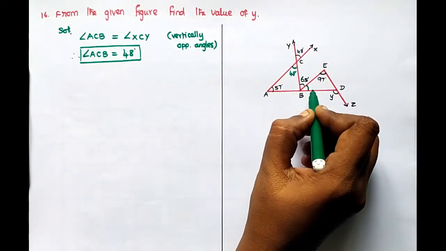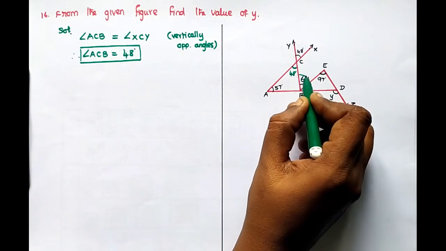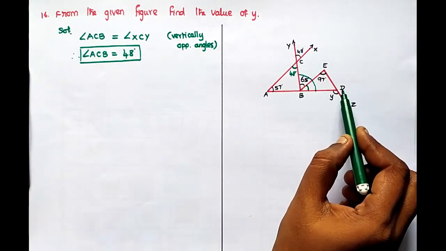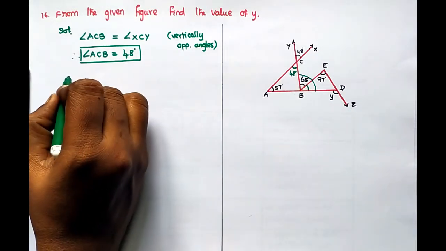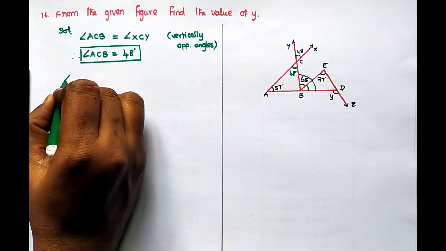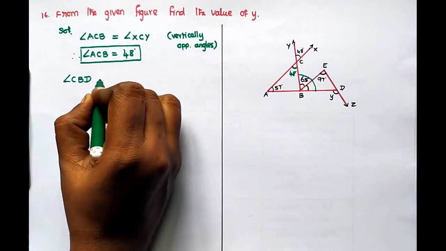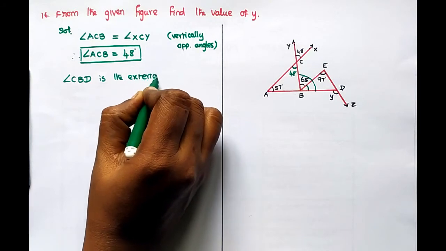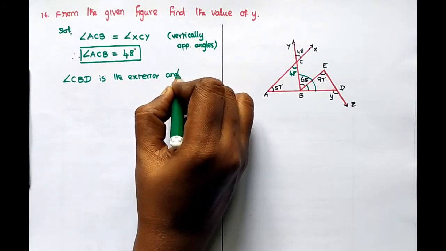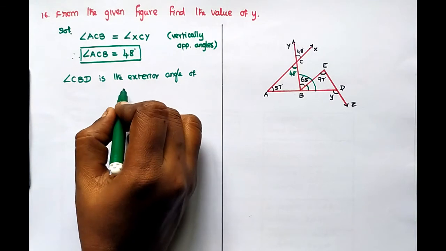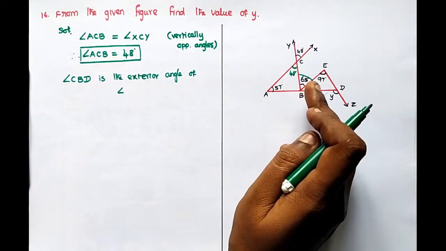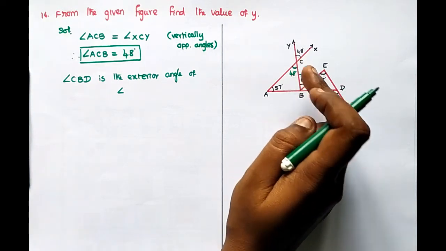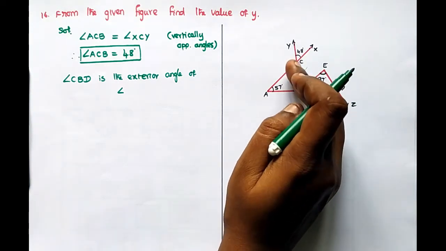Angle CBD is an exterior angle of which angles?